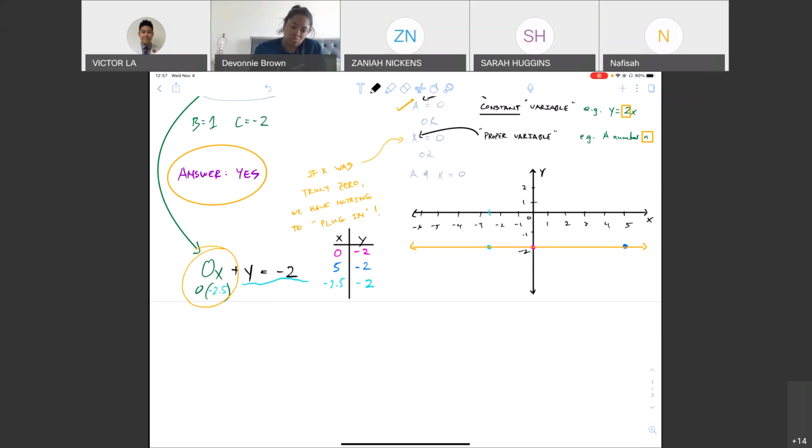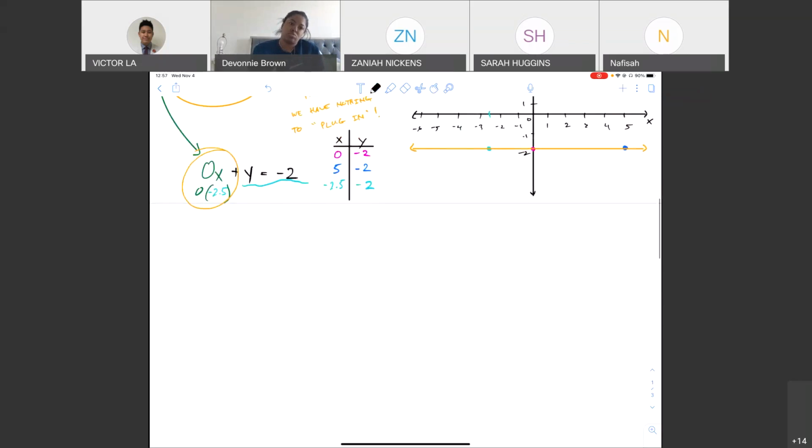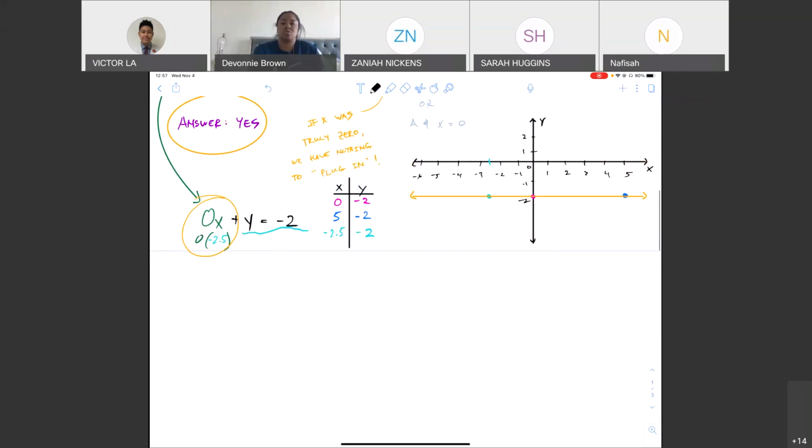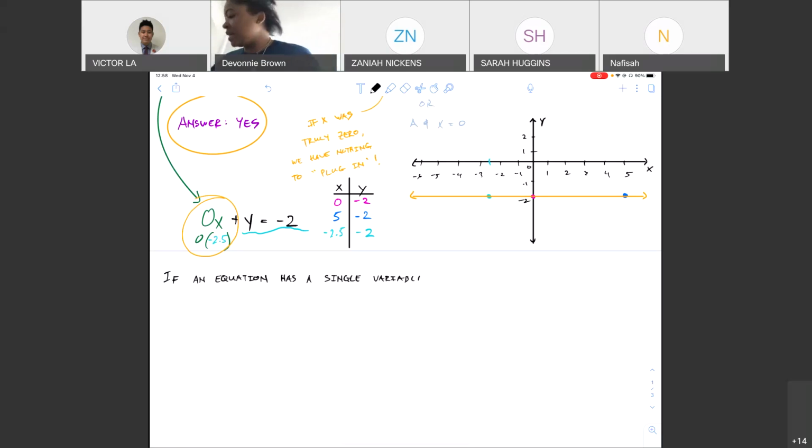So what do we learn, or what can we take away? I'll leave this there so people can see it if they're still copying or whatever the case. I can go, okay. An equation has a single variable. Notice that we're talking about the coordinate plane here, so we're talking only x and y.